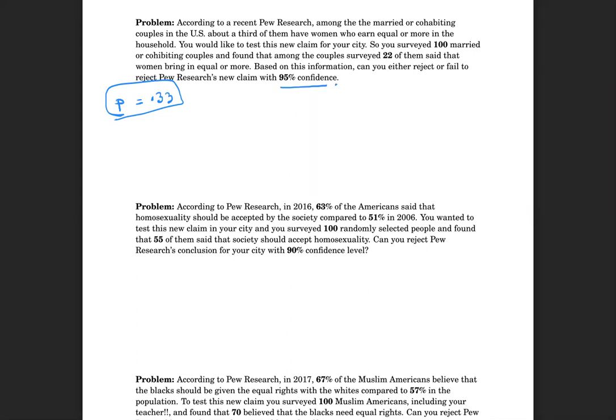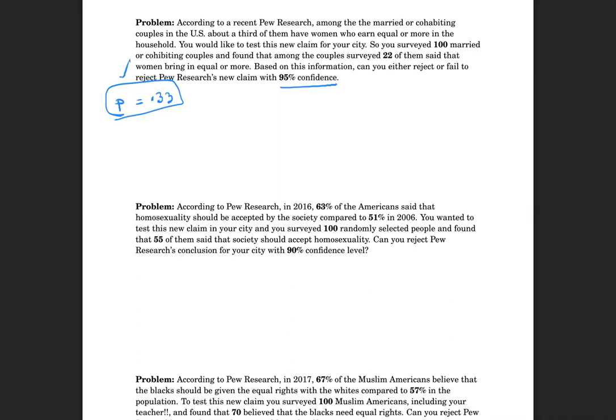By the way, this is slightly different. Here, Pew Research is claiming that about 33%, a third of the households in the US, have women who are earning equal or more in the household. Now you want to test that claim.